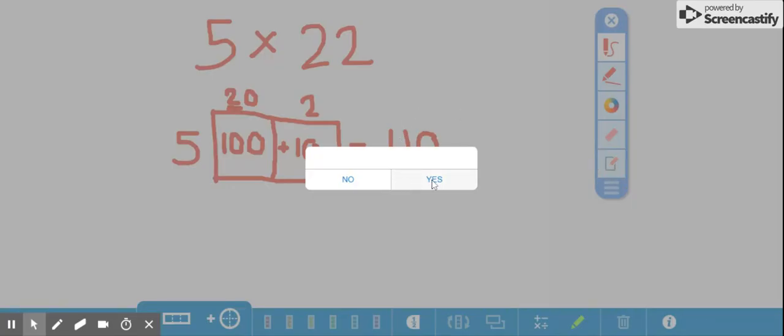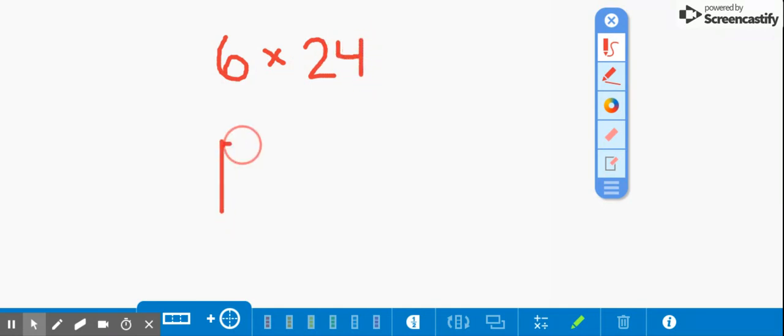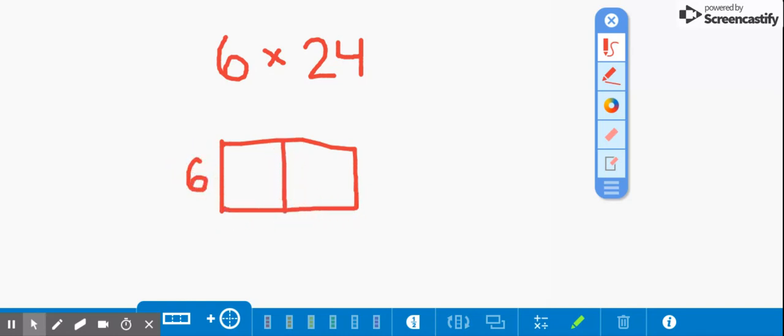Let's do another one. This time, let's do 6 times 24. Okay. So 6 doesn't need to be split up, but 24 can be split into 20 and 4. 6 times 20 is a hard problem.